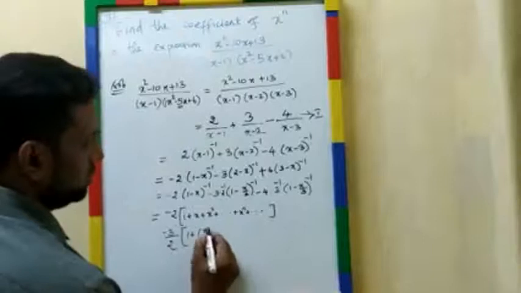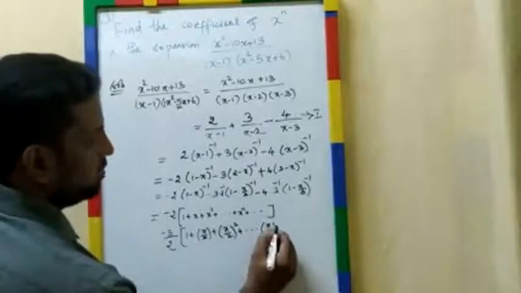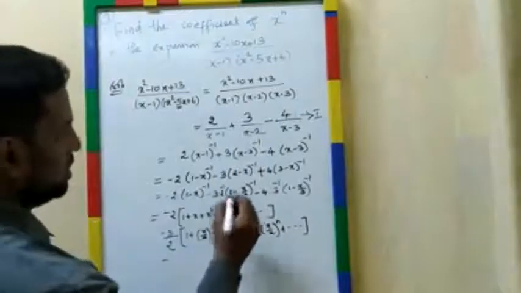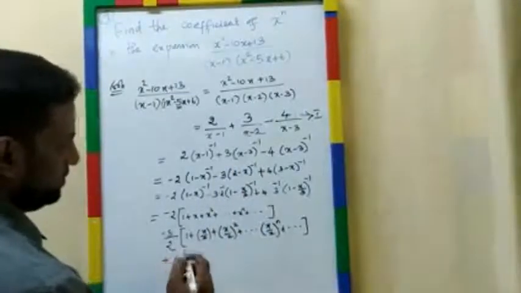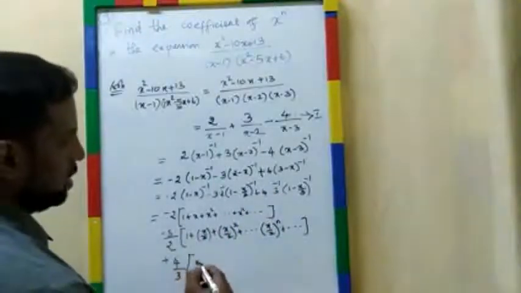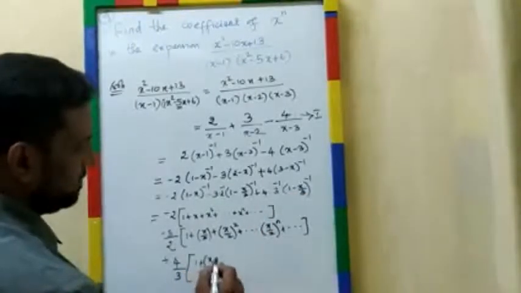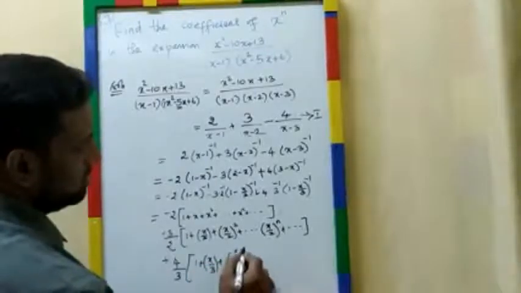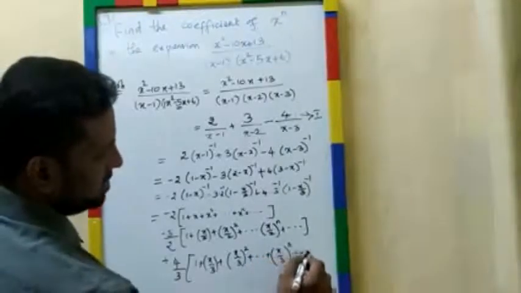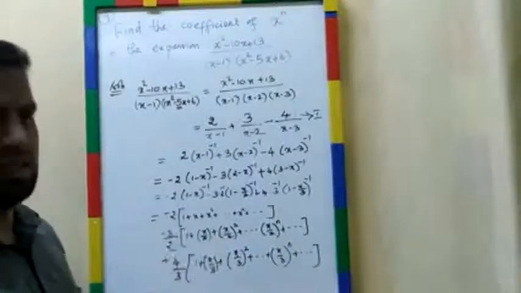So 1 plus x by 2 plus x by 2 square plus etc., x by 2 power n plus etc. For the third term minus 4, sorry here plus 4, okay, plus 4, 3 inverse brought to the denominator, 4 by 3, 1 plus, instead of x in the formula you put x by 3 plus x by 3 whole square plus x by 3 whole power n plus etc. Okay, now easily you are able to find out the nth coefficient here.